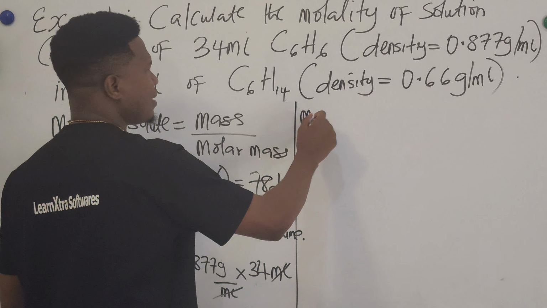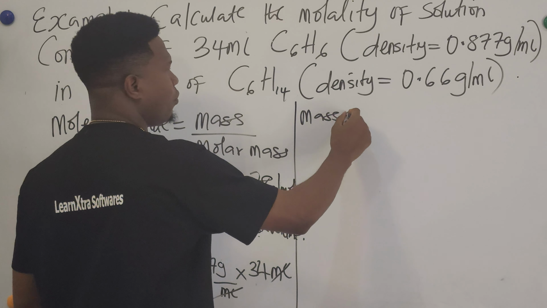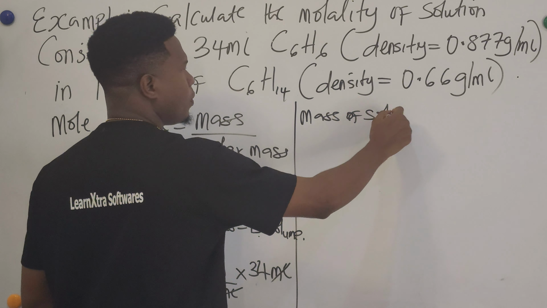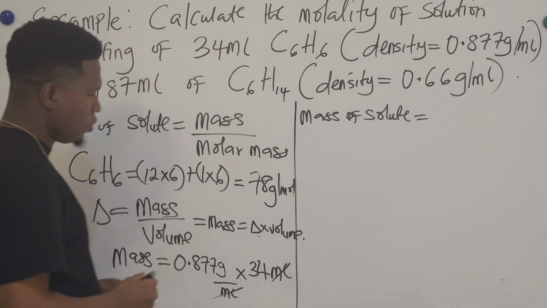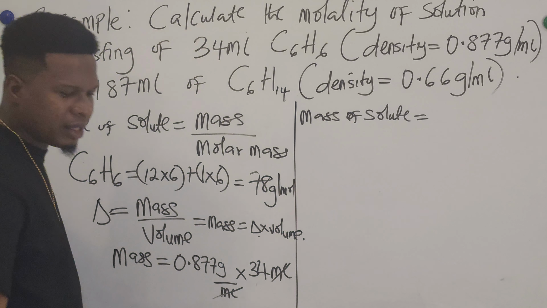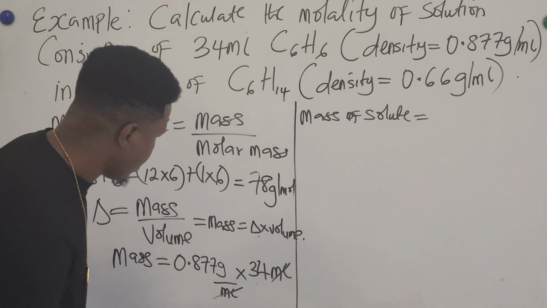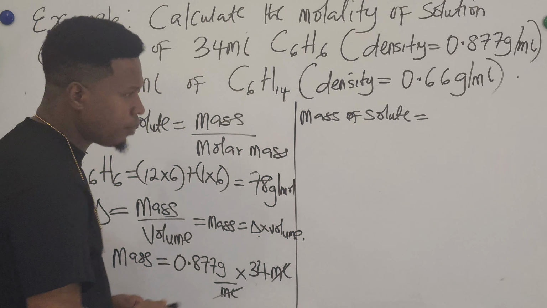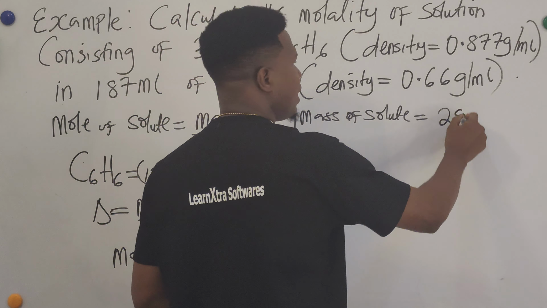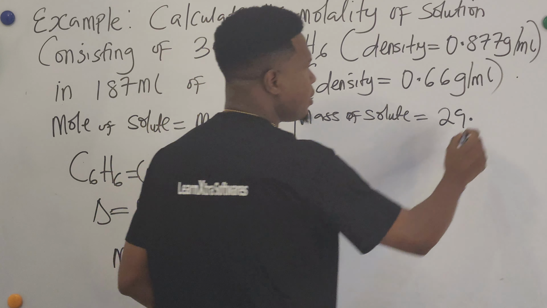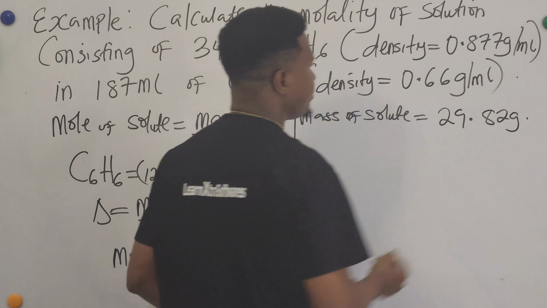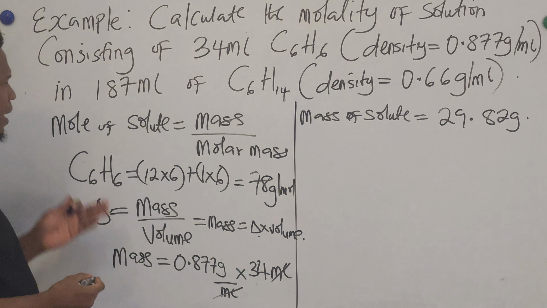So the mass of solute will be equal to 0.877 times 34, right? So the mass will become 29.82 gram.